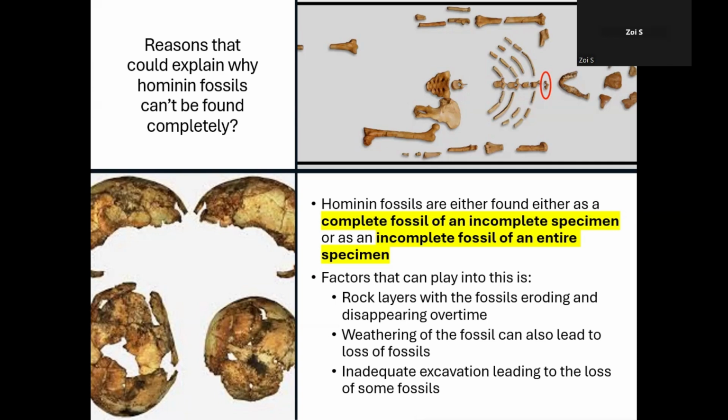Because it's not exactly easy to spot fossils. They're not so easy that anyone can do it, and not every attempt can be successful in retrieving all the fossils. So that's some of the reasons why we have an incomplete fossil record of our hominin ancestors.